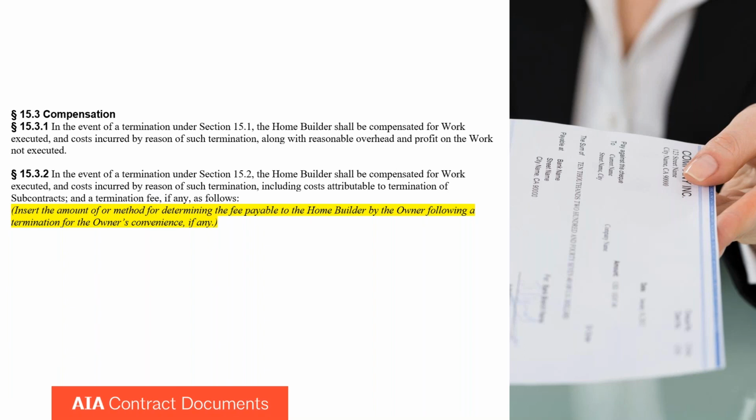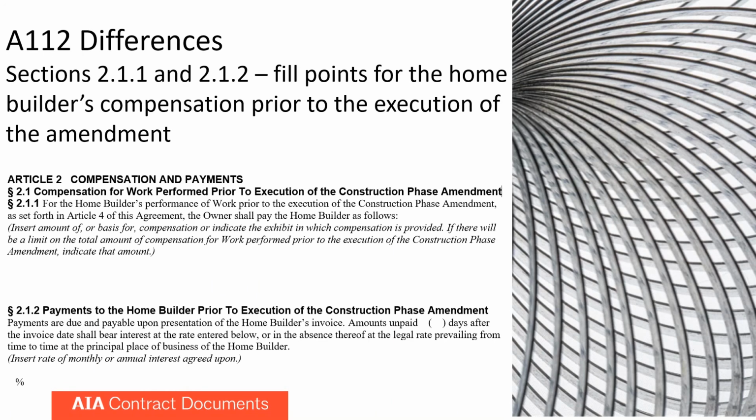And this agreement allows the contractor to include a termination fee if the homeowner terminates for convenience. And so this is a way to help the home builder to recover indirect costs that they would lose in association with the termination of this project. Okay, so that is a brief, super brief summary of the A111.